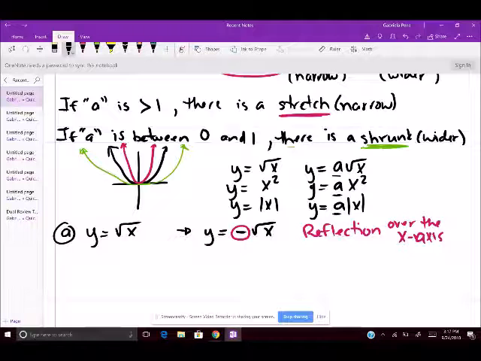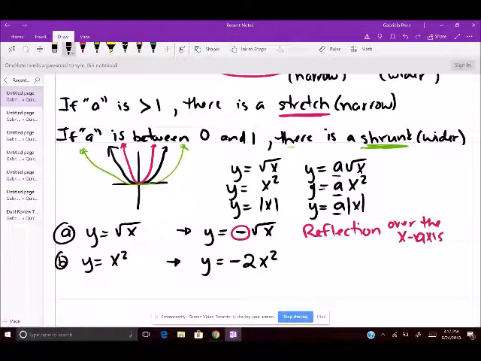So let's look at B right now. Let's say my original function is y equals x squared. We're going to change it to y equals negative 2x squared. So the question here is, what is new? This. Now, if that is new, first of all, when you see the negative, you should know there is a reflection.